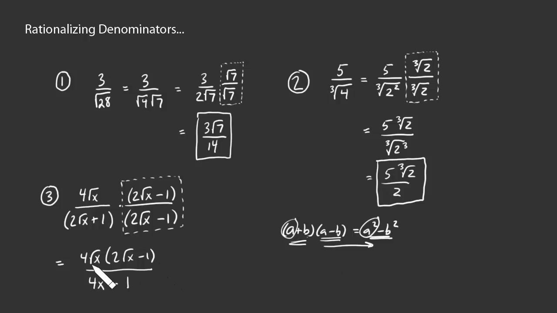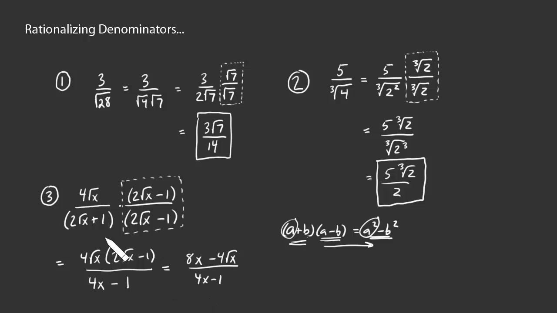Okay? If you want, you can distribute that top 4 root of x, if that's necessary. 4 times 2 would be 8. Root x times root x is a single x. And then, of course, minus 1 times that. That'd be minus 4 root x on the top. Either one of these is really probably fine.